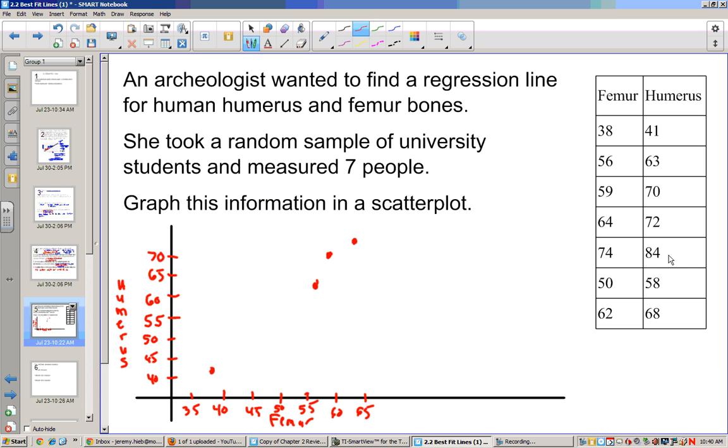Oh, I didn't see these. 74, 75. So 74 is right in front of that, and that goes up to 84. Then 74, 84, somewhere up there. 50, 58, and 62, 68.